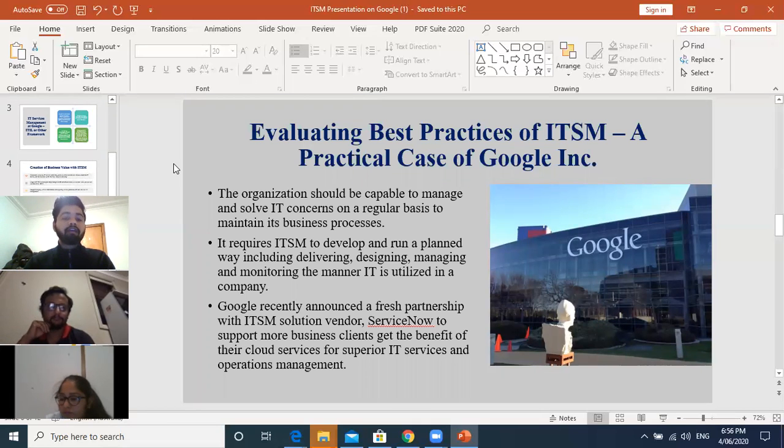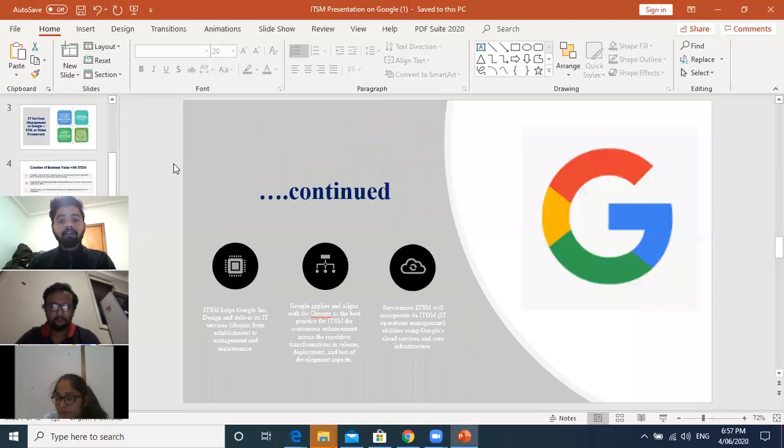It requires ITSM to develop, run in a planned way, including delivering, designing, managing, and monitoring the manner IT is utilized in a company. Google recently announced a fresh partnership with ITSM solution vendor ServiceNow to help more business clients get the benefit of their cloud service for superior IT service and operation management.